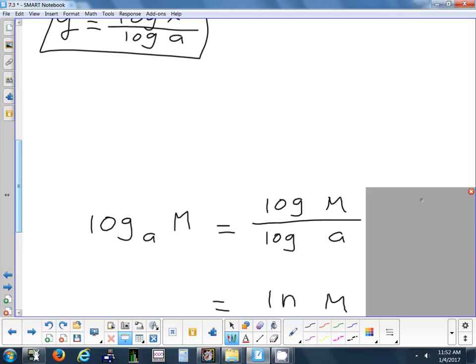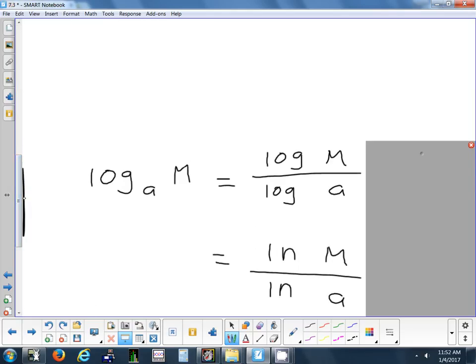And I did it with base 10 when I explained how to do it, but technically you could do it with base e. Both of these come out the same. Pick one and remember how to do it. You don't need both. I'll do both in the first example to show you they're the same, but I usually just do it this way.